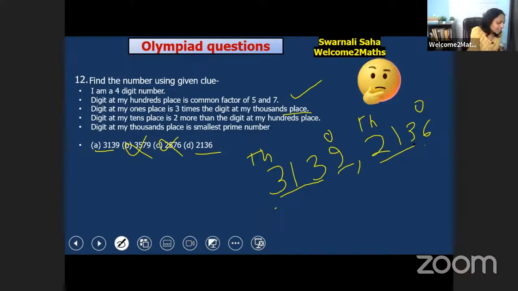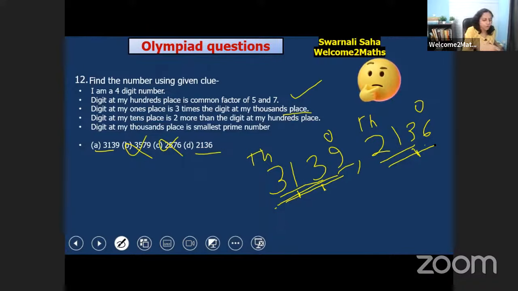Next clue is digit at my tens place is 2 more than the digit at my 100 place. Okay. So my tens place digit here is 3, and here is also 3, and the 100 place is 1. So whenever we add 2 with 1, we get 3. That means both numbers satisfy this clue too. So what do we do?